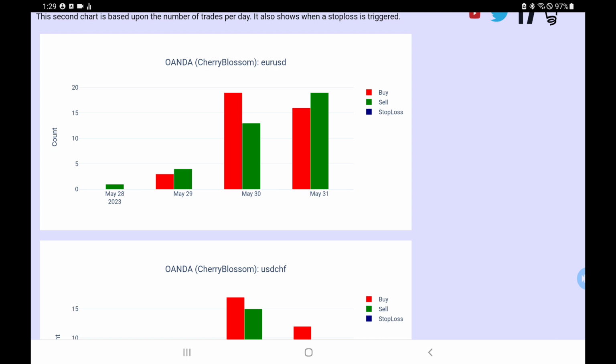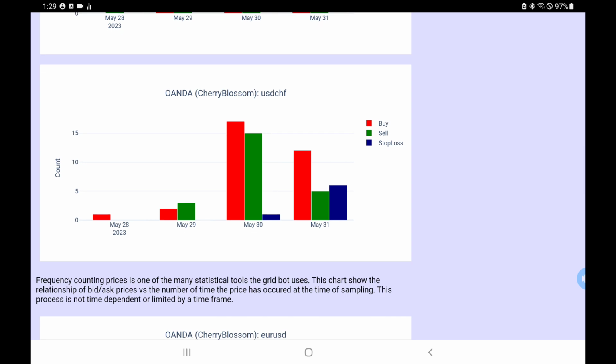But USD franc clearly has 5 stop losses today and 1 stop loss yesterday. That is a bit of a painful and brutal reality. But nonetheless, the bot worked perfectly.